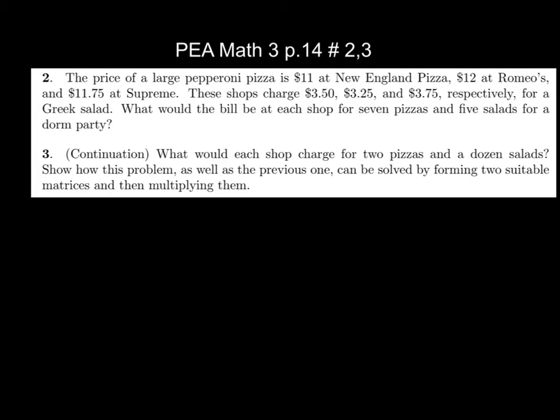So, we have 3 pizza shops, and they have their pizzas and their salads. What would make the most sense to me is to go ahead and put these in order: 11, 12, and 11.75.